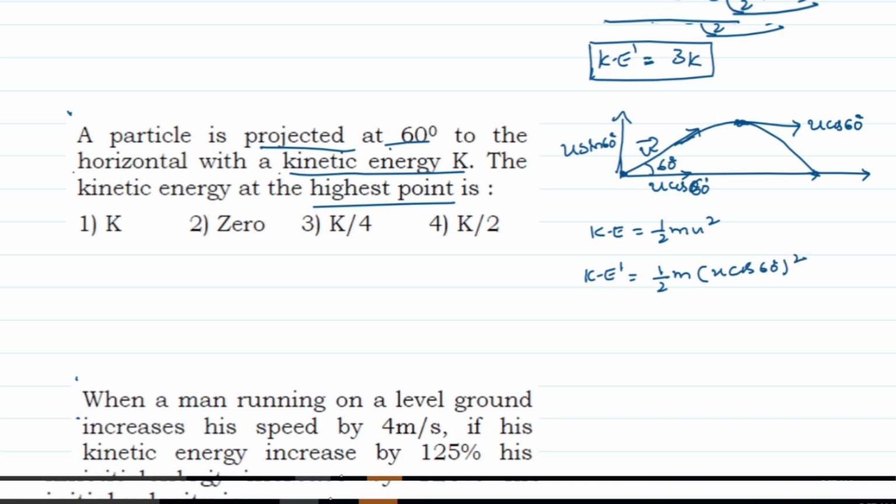Taking cos 60 outside, cos 60 whole square means 1/2 whole square, that becomes 1/4 into half m u square. So the new kinetic energy at the highest point is 1/4 of the initial kinetic energy K, that is K by 4. So this is the correct answer.